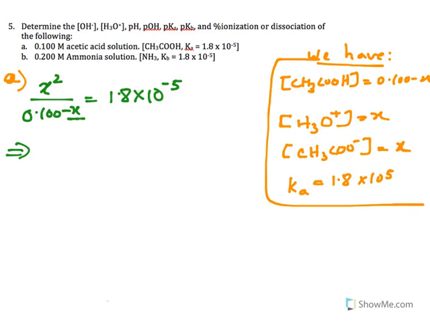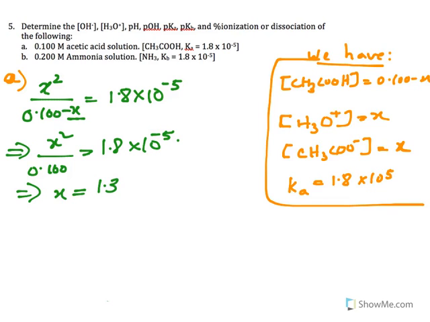We can say that x squared over 0.100 is equal to 1.8 times 10 to the power of -5. Now, solving for x, we get a value of x equal to 1.3 times 10 to the power of -3 molar.